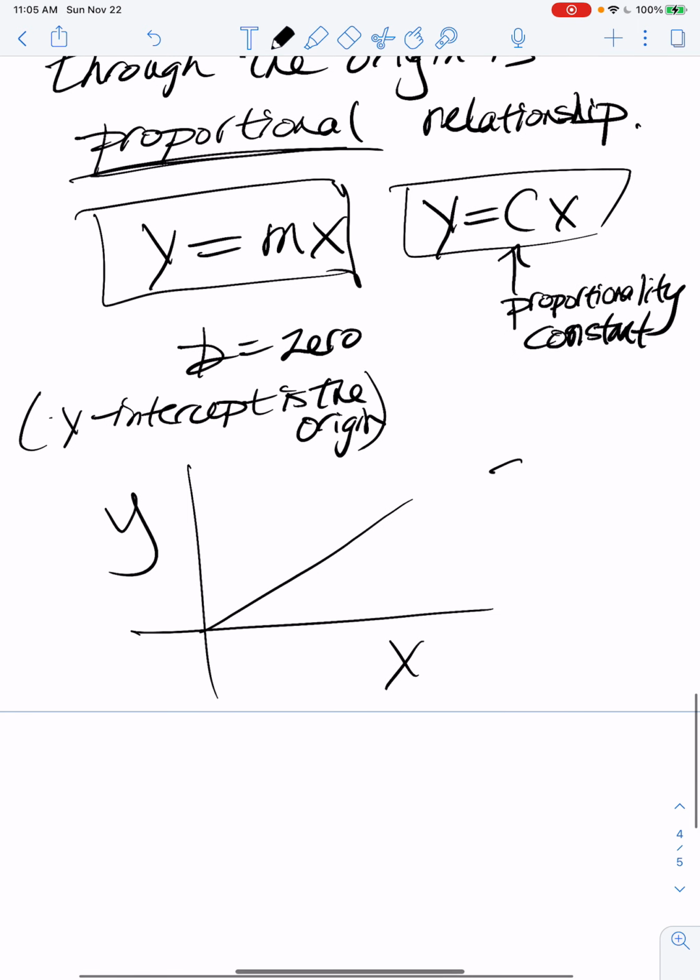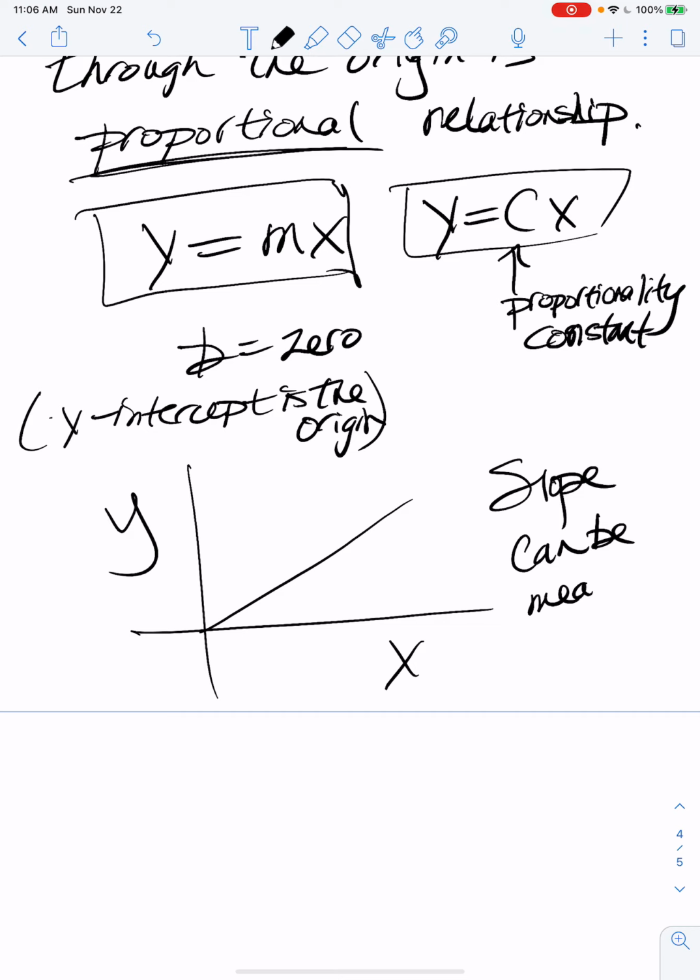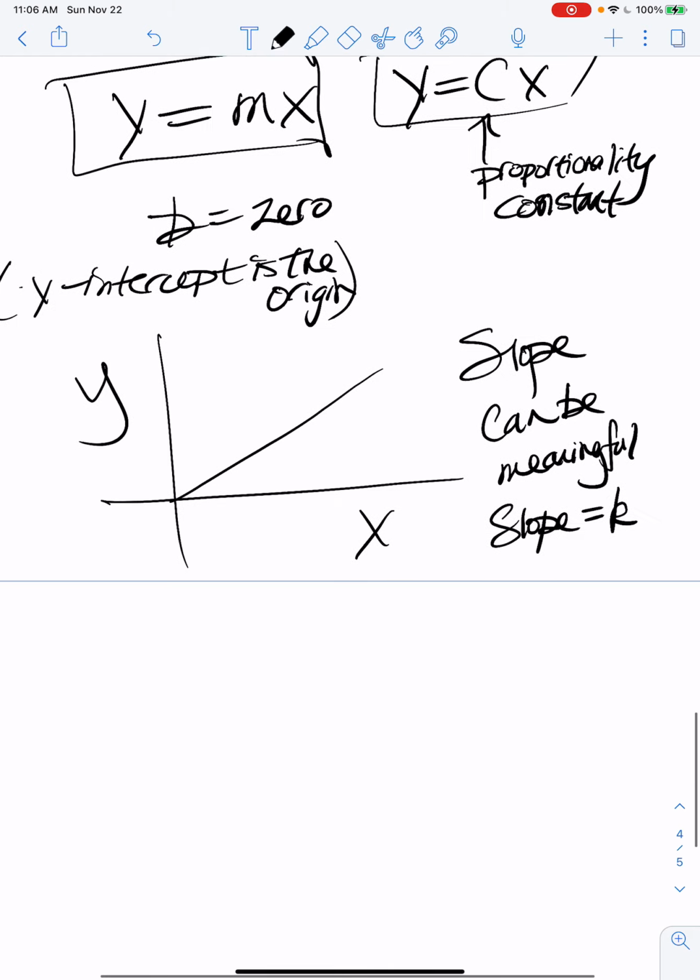That the slope is or can be, and that's what we saw a second ago, right? Where the slope is equal to k, right?